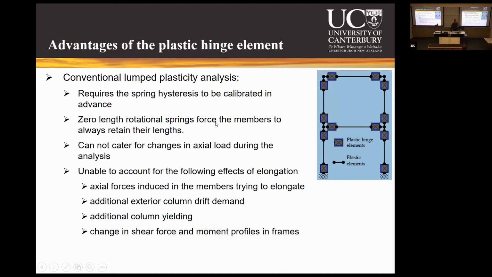Zero-length rotation springs force the members to always retain their length, not change their length, and cannot cater for changes in axial load during analysis because you have to calibrate your model with the value of axial force for the moment-rotation relationship. They are also unable to account for the following effects of elongation, which include axial forces induced in members trying to elongate, additional exterior column drift demand, additional column yielding, and changes in shear force and bending moment profile. So all these things cannot be captured.